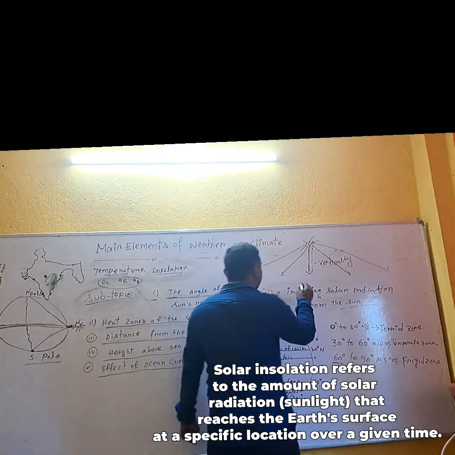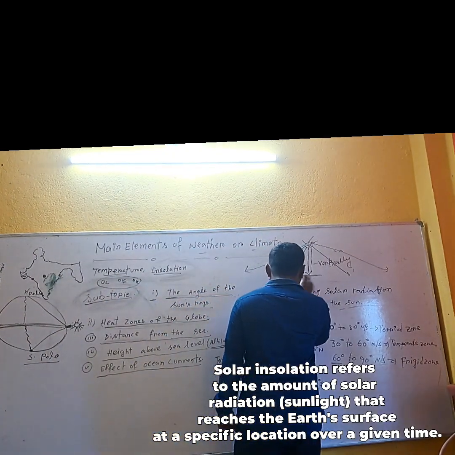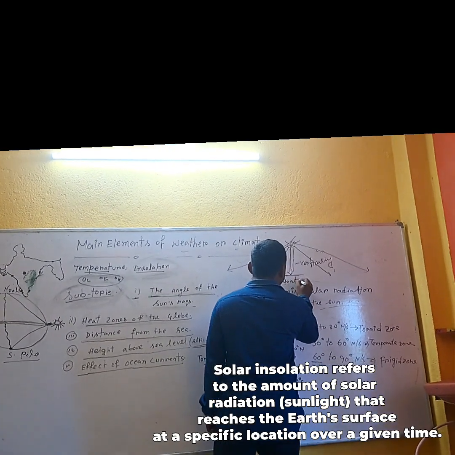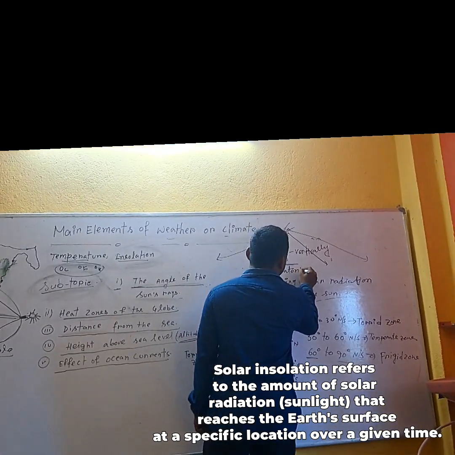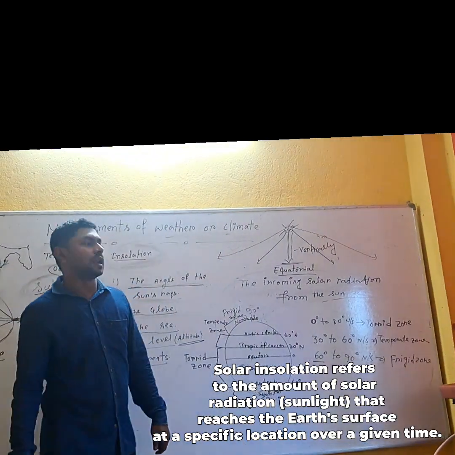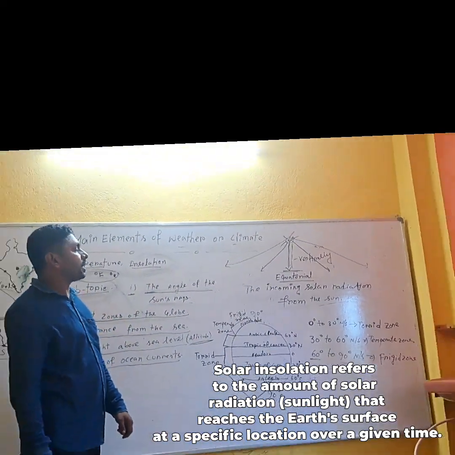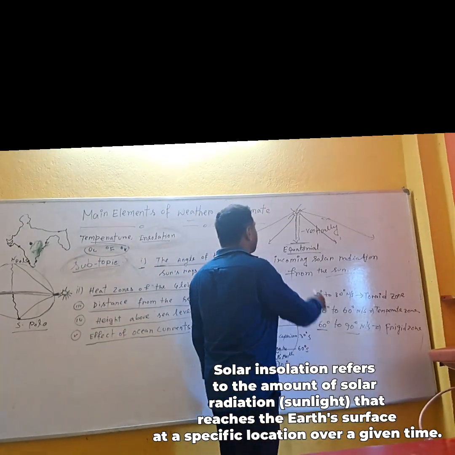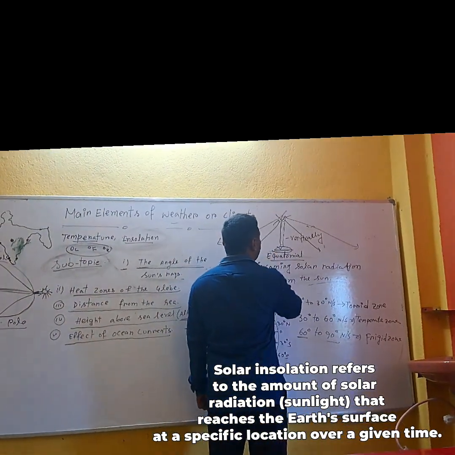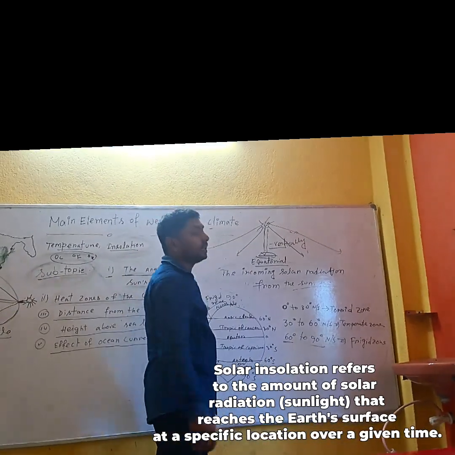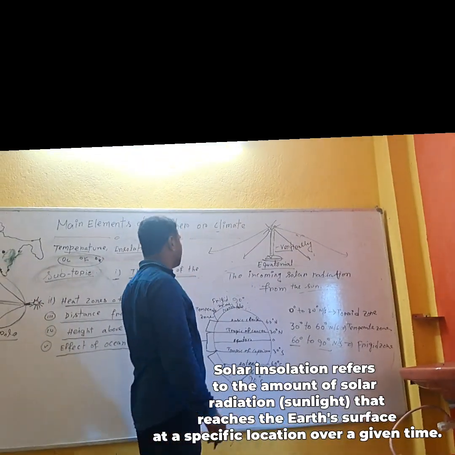So if you live in the equatorial part, you receive the maximum sunlight from the sun, because the sun gives us light directly, vertically, in the equatorial zone.